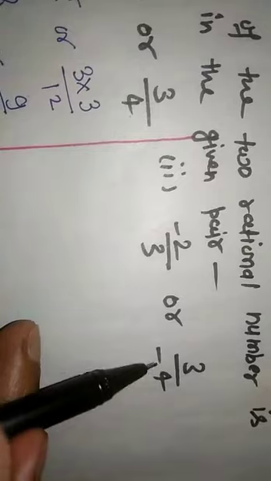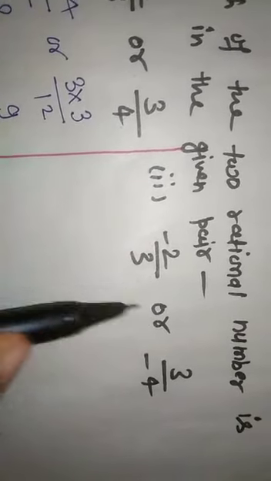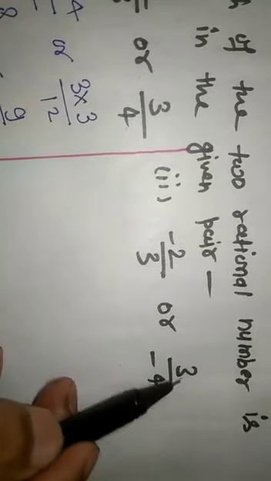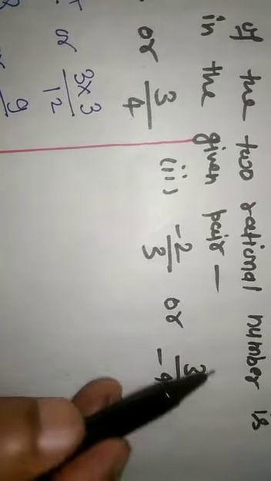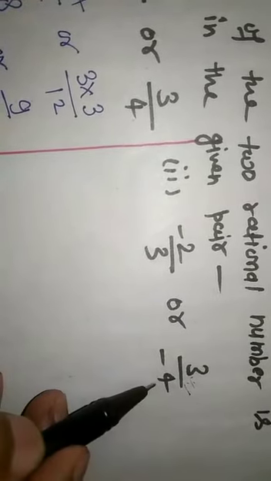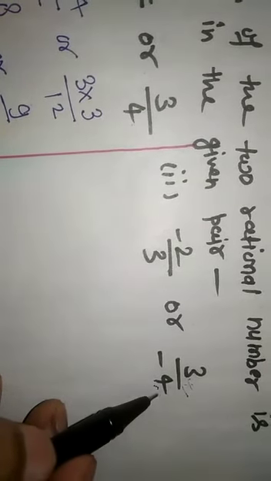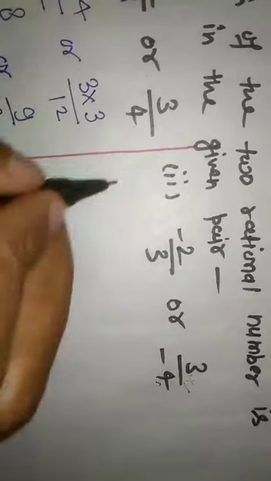Now take another example. This is the second type of rational number, in which we first convert to the standard form. This rational number is not in standard form because its denominator is negative. So first we make it positive.